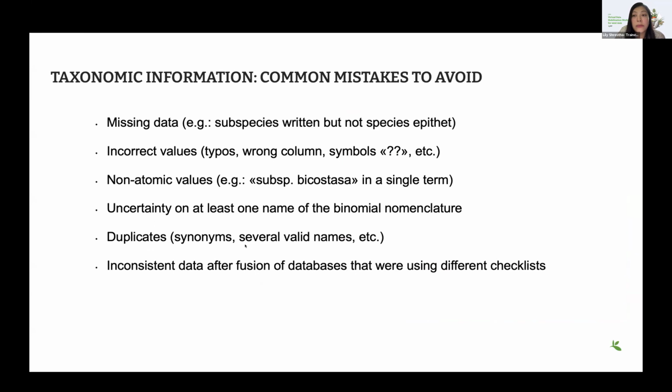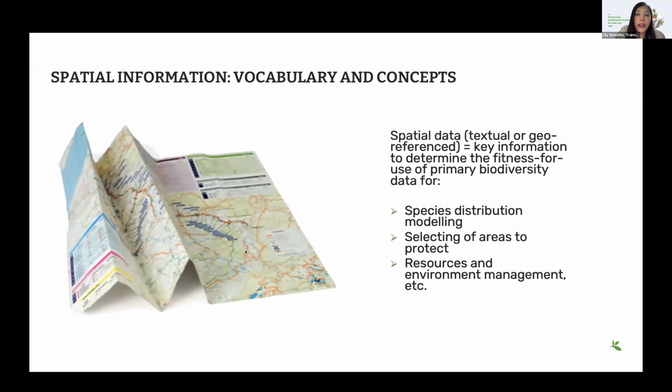Non-atomic values, for example, we cannot have subspecies as in SUBSP or SP dot written in any of the scientific name column or the higher taxonomy. That's not valid when we are dealing with Darwin Core terms. If we are uncertain about the binomial nomenclature and if we have duplicates in our data. So these are the things that we need to consider to avoid these mistakes.